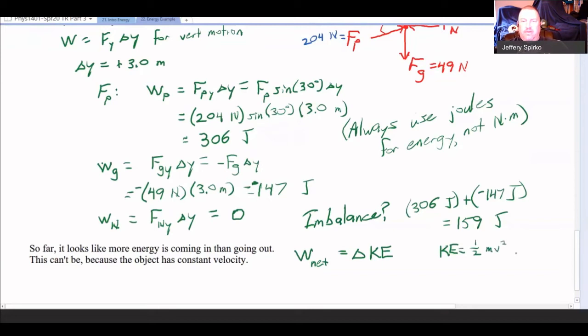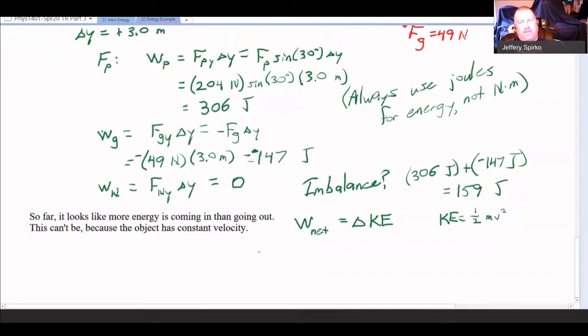So our crisis here, our dilemma is that the delta KE is 0 and the net work looks like 159.